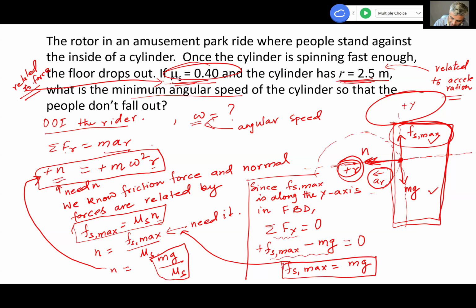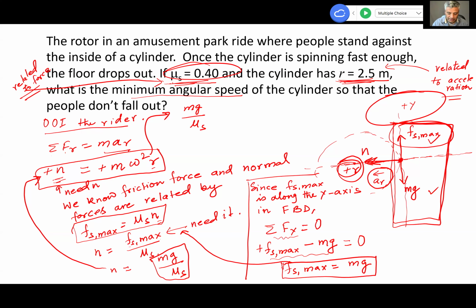So maybe I need a little bit of room here, so I'm going to make room here. Now I'm going something like that. So in place of N, I'm replacing normal force by the things that we just found, which is mg over friction coefficient.